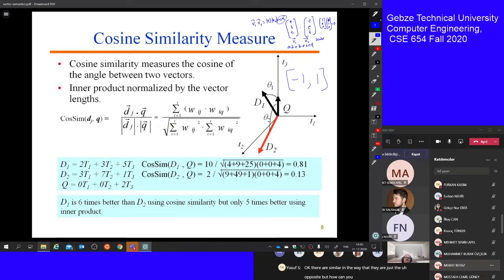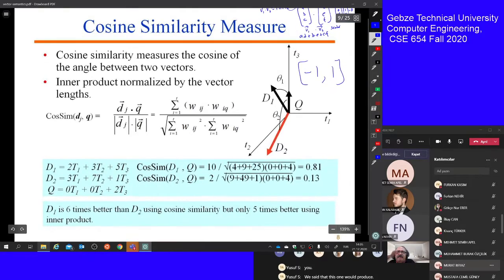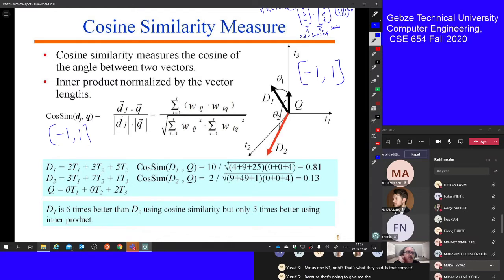Okay, question for you. We said that this one would produce values between -1 and 1. Right? That's what we said. Is that correct? Because that's going to give me the cosine of the angle between two vectors.